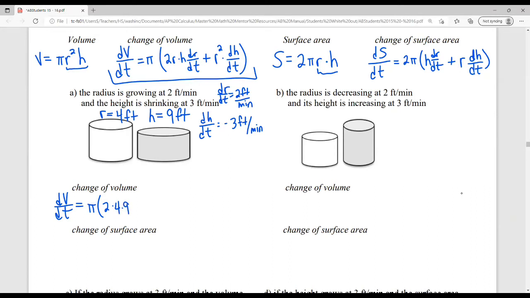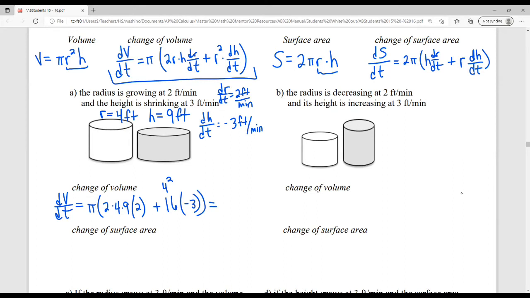The radius is changing at a rate of 2 feet per minute. So times 2, and all that information was given to me. Plus the radius is 4, 4 squared is 16, times dh/dt, and the height is changing at a rate of -3.